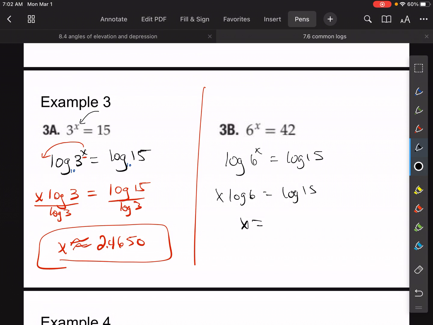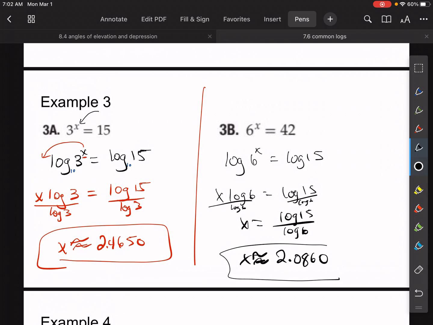So then x is equal to log 15 divided by log 6, because we just divide both sides by the log of 6. And then what that comes out to is 2.0860. And again, I should use the approximate sign because we are approximating that to the nearest 10,000ths place. Okay, so that's 3a, 3b.